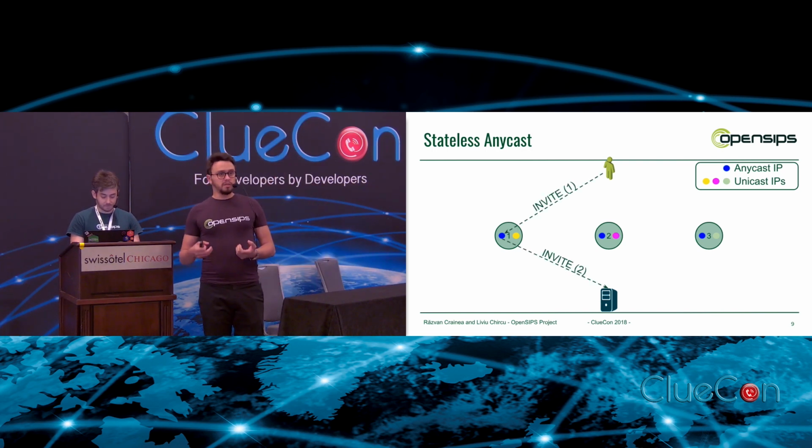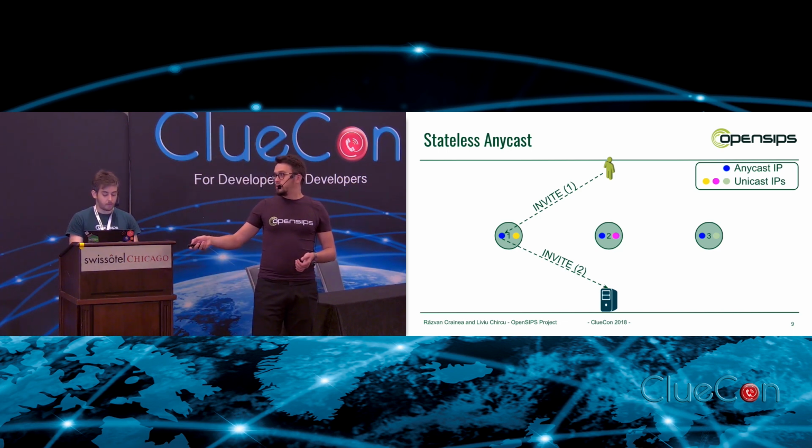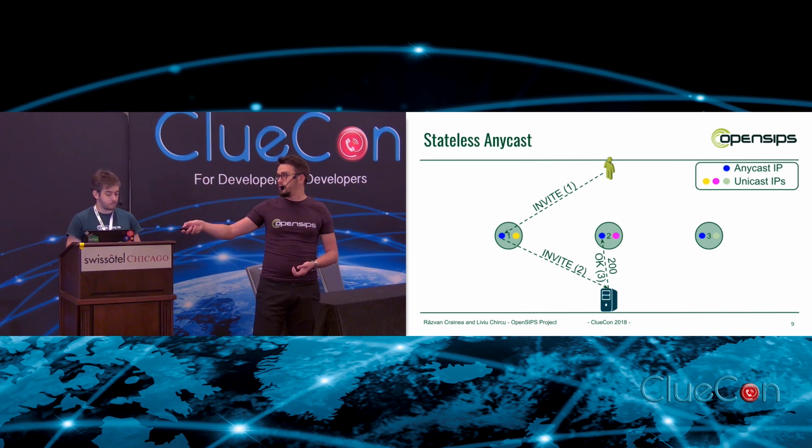When a client calls, he will choose one node based on the route set that you have advertised, and in our case, it chose node 1. And this server decided to send a call to this gateway. However, when this gateway sends a 200 OK, its route set doesn't go here, but probably might go here.